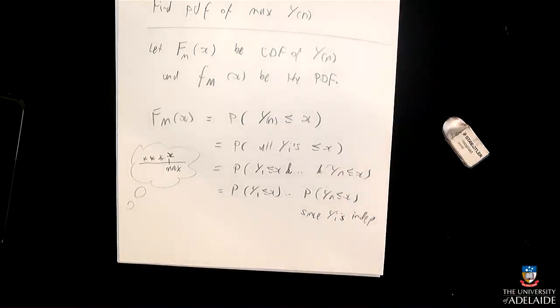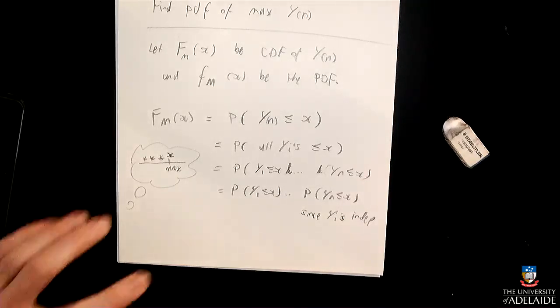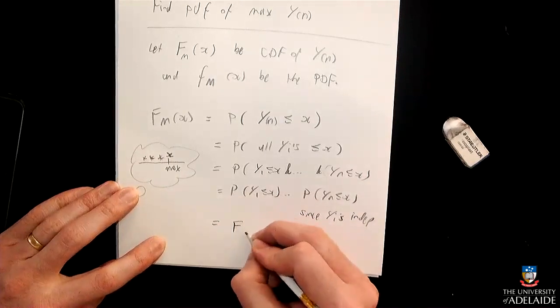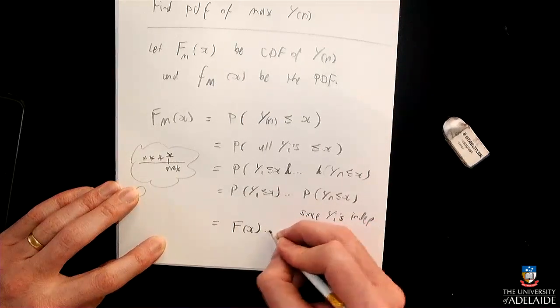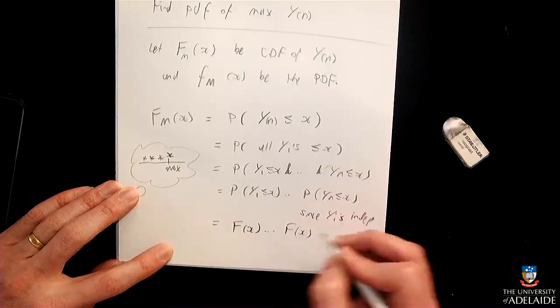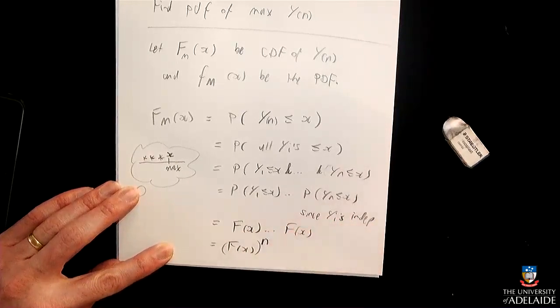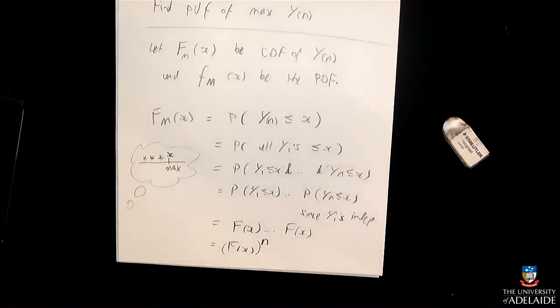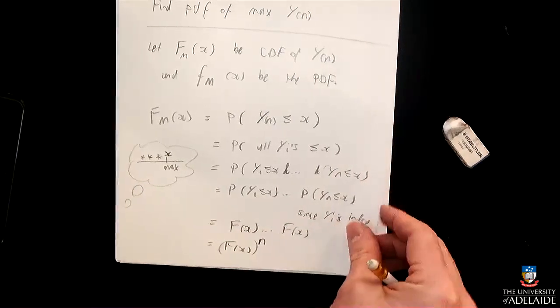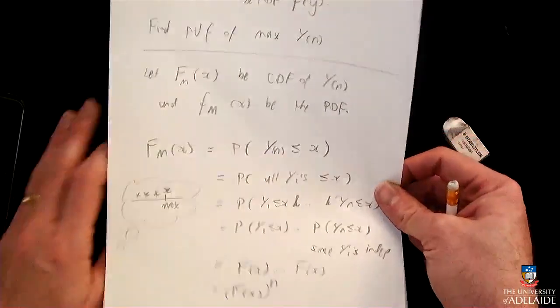Because the probability of a whole lot of events all happening at once is only equal to the product of each individual probability if they're all independent. Okay, and this is F of x. So that's F of x to the power of n, because there's n of them. Cool. That was easier than the minimum.